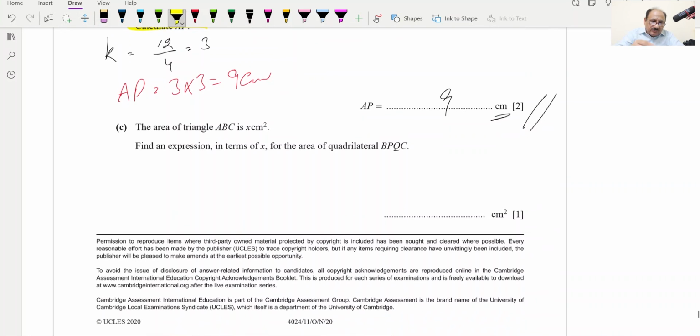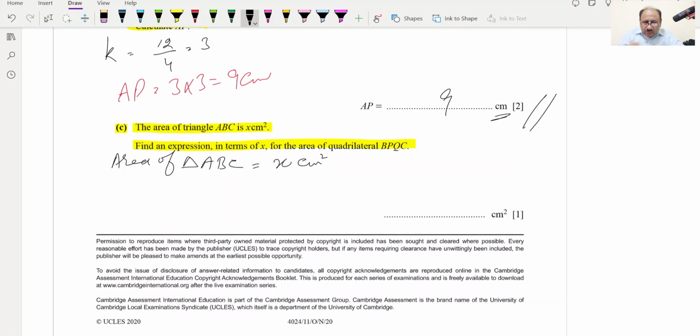And now the last part, C part: the area of the triangle ABC is x centimeters square. Find an expression in terms of x for the area of the quadrilateral. So area of triangle ABC is given, x centimeters square.